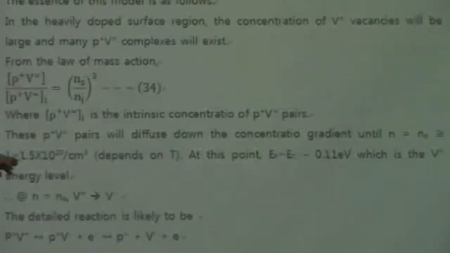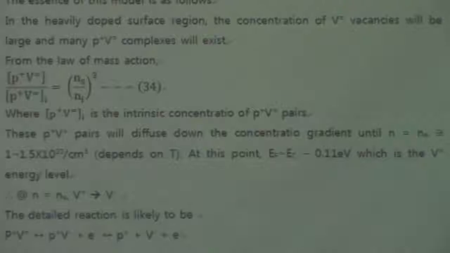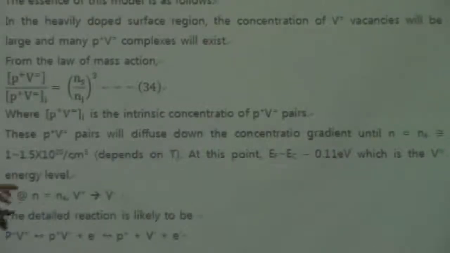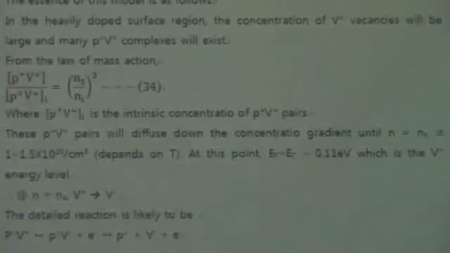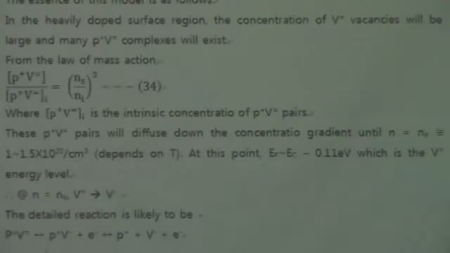Until we meet this concentration where full ionization occurs, at point 11, the ionization energy corresponds to 0.11 electron volts, and the doubly negatively charged vacancies are going to be dissociated into singly negatively charged vacancies because of the moving Fermi energy level, due to the decrease in concentration.